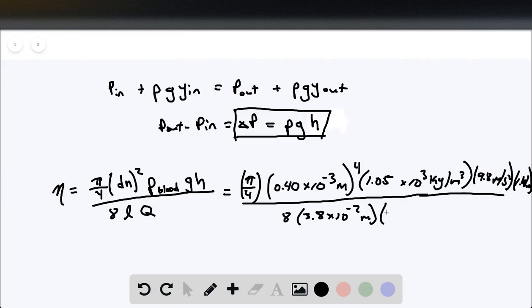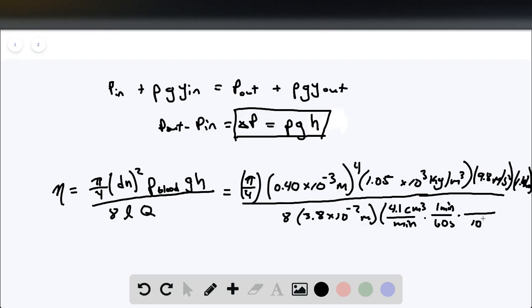And we'll convert Q from what we're given, which is 4.1 centimeters cubed per minute. We know that in 1 minute, there's 60 seconds, so we're dividing by 60. And we know that 1 centimeter is 10 to the minus 2 meters, so we have to cube that.